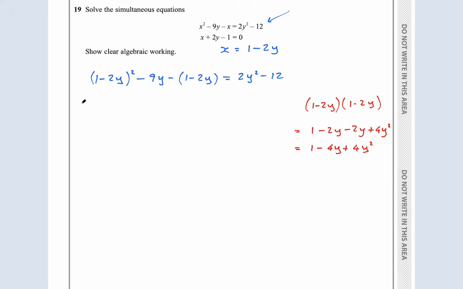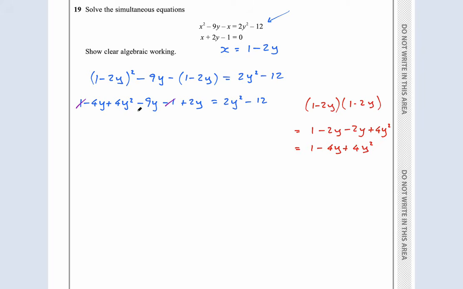Okay, this goes here. 1 minus 4y plus 4y squared minus 9y. Careful here, it's minus 1 plus 2y, equals 2y squared minus 12. Okay, the ones cancel. 1 minus 1, they're gone.